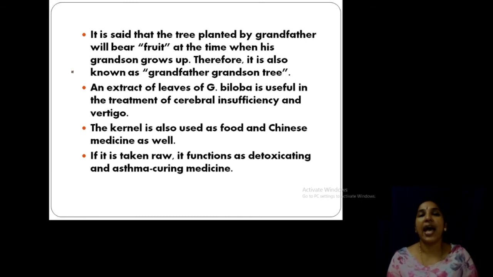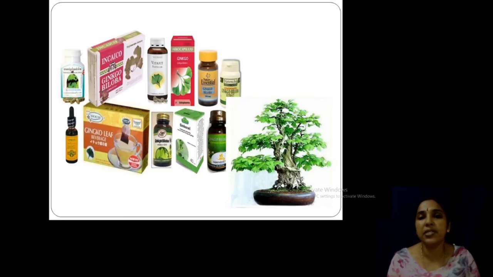Clear? Then an extract of the leaves is useful for cerebral insufficiency and vertigo, the balance problem in the ear. And the kernel, the inside seed part, is used as food in Chinese medicine, and it can also be taken raw for curing asthma. So Ginkgo biloba is medicinally, aesthetically and culturally significant. So many medicines are available in the world market from Ginkgo, and the plant is also prepared as bonsai, as you can see in the image.